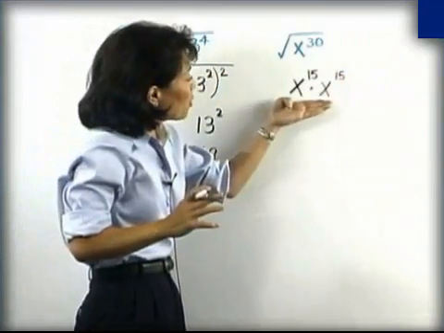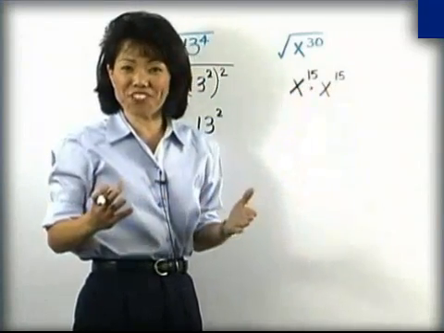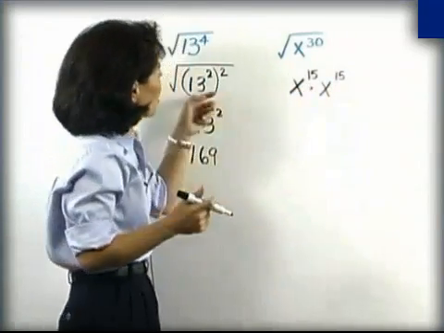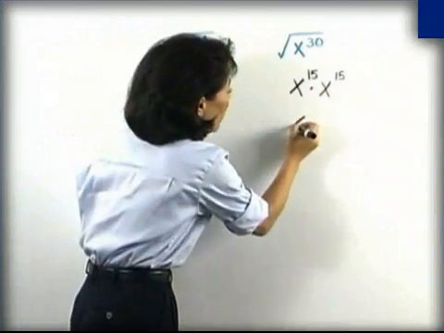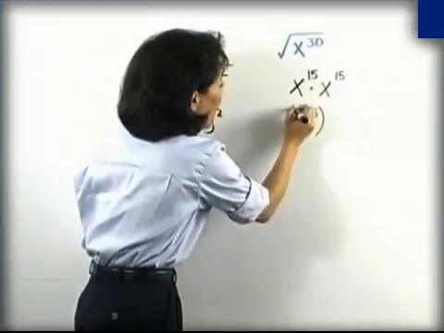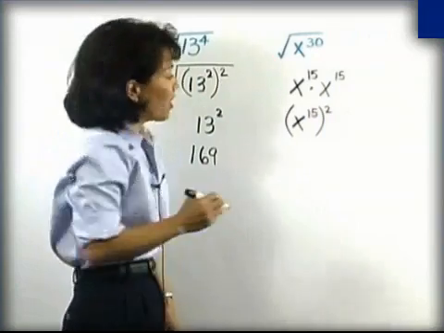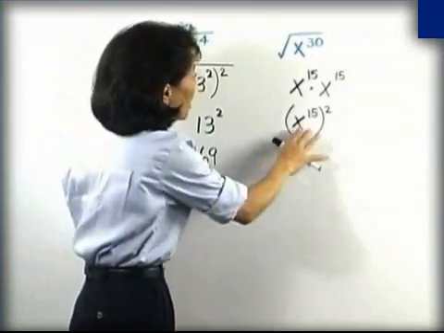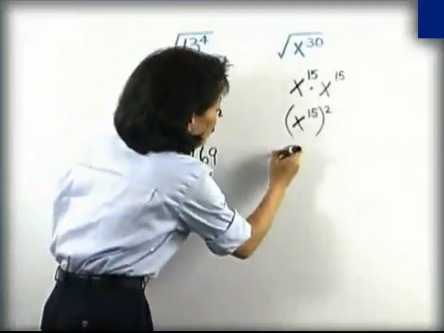Remember, when we multiply monomials, we add those exponents. 15 plus 15, 30. So just as in the previous example, I can rewrite this x to the 15th times x to the 15th as x to the 15th quantity squared. So if I put this expression in place of my x to the 30th, it looks like this.